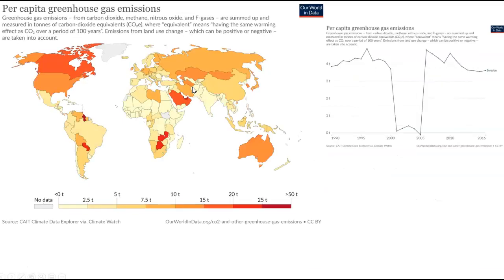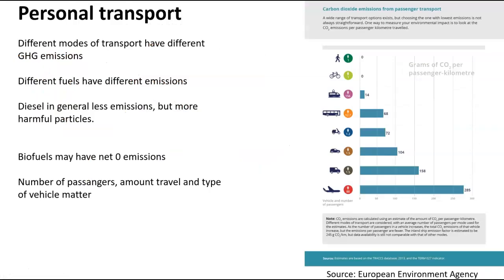But not only from consumption, we can also look at our own personal transport and different modes of transport. If you look here on the right, this is from one study looking at the carbon dioxide production per passenger kilometer to make it as comparable as possible.